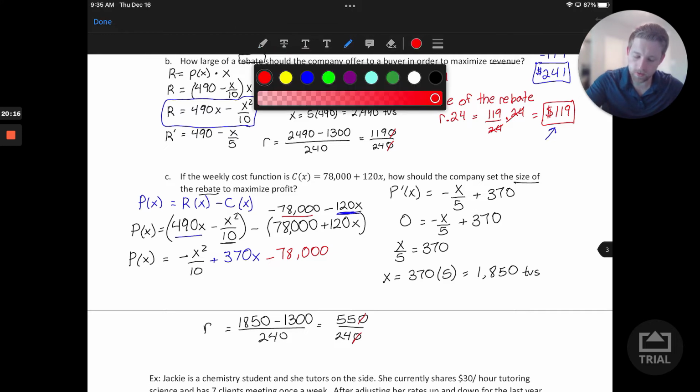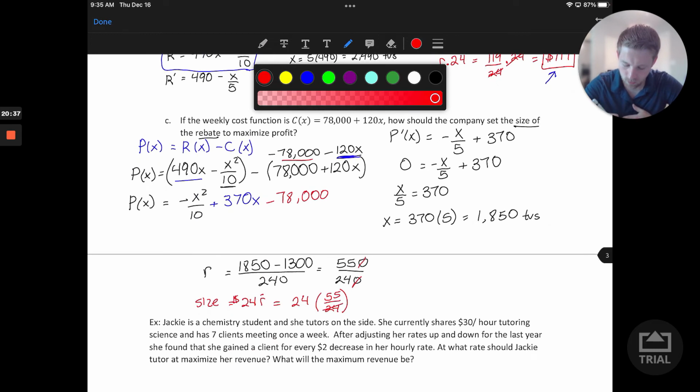So when we consider the size of the rebate, the size of our rebate is going to be $24 times the value of R. And so we'd have 24 times 55 over 24. So that's our number of rebates. We cancel out those 24s and we'll get a $55 rebate to actually maximize our profits.